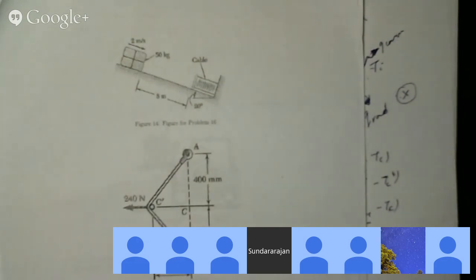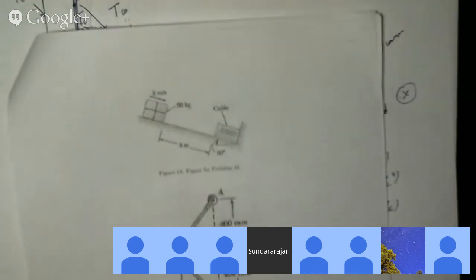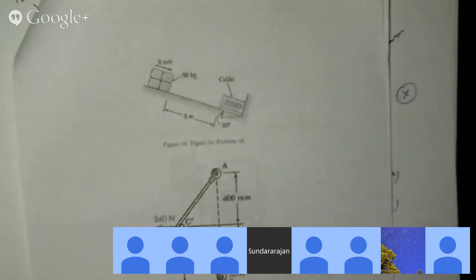The force? The mg sine 20. You're doing a force. You're using the force method. Oh yeah. Okay. So then what? Is it smooth? Okay. Walk me through the process.